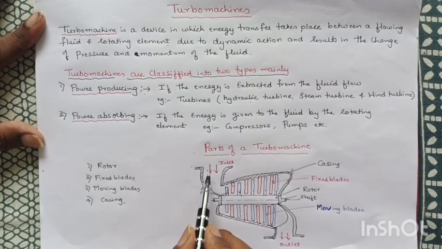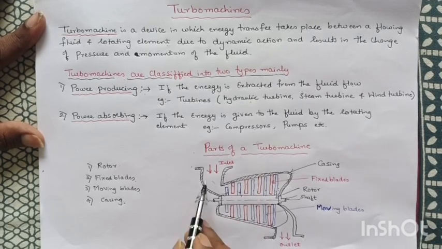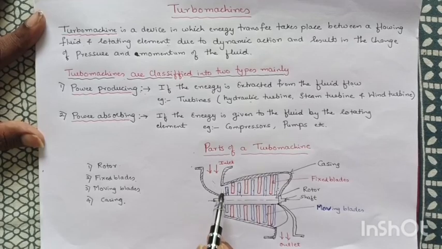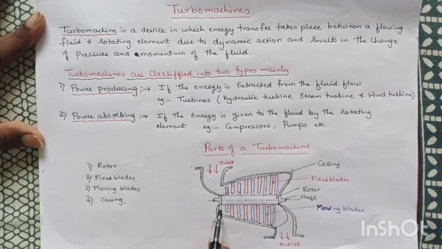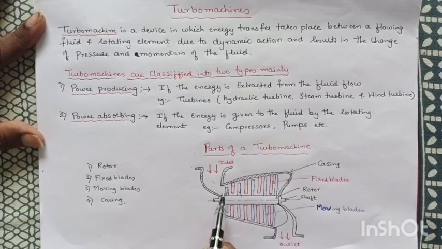When the steam enters the turbine, here you can see it is a smaller portion, and the cross-sectional area of the steam turbine goes on increasing. As the steam expands, the specific volume of the steam goes on increasing with the reduction in pressure.